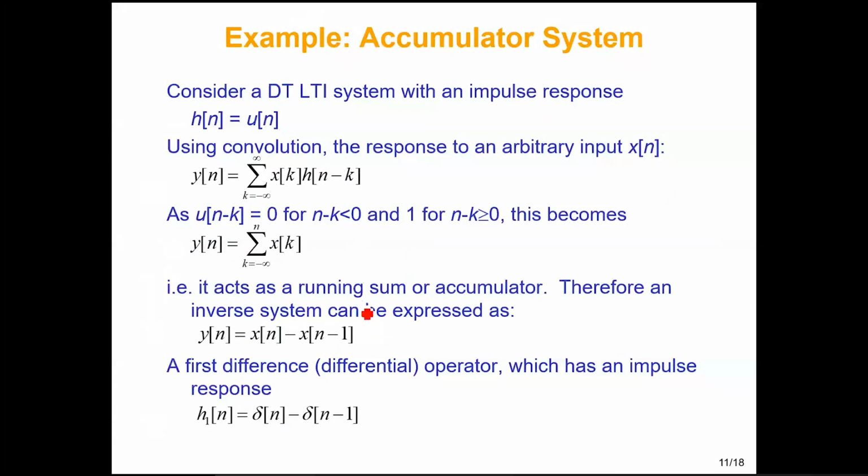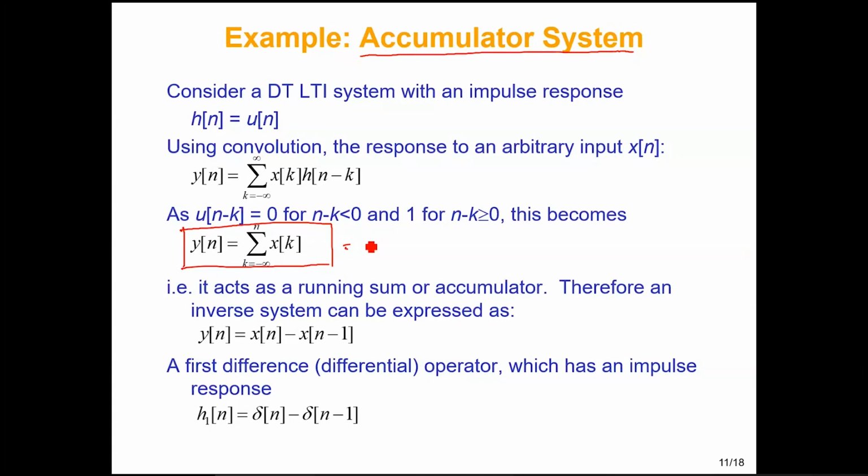Okay, so next we talk about accumulator systems. We talked about accumulator systems in our introductory lectures. At least twice we referred to this accumulator system. So what is an accumulator system? This is an accumulator system.